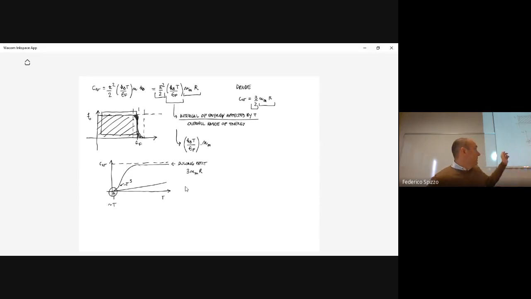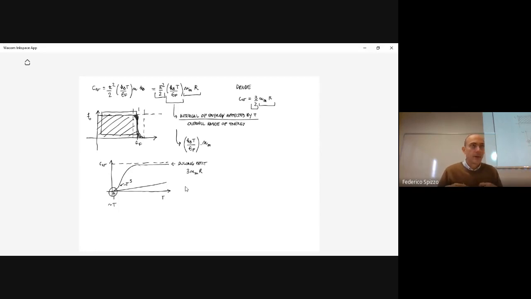So apart from the initial regime where the CV is small in absolute value, so at that point, even if the contribution of the electrons is small, you notice it because the average value of CV is small. As soon as the CV approaches the Dulong-Petit value, that value is very large with respect to the electronic contribution.